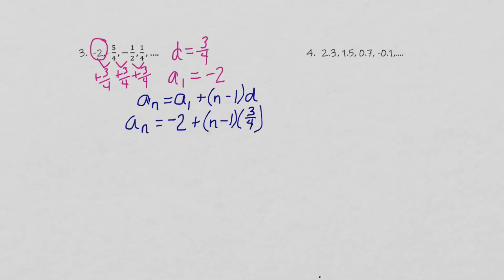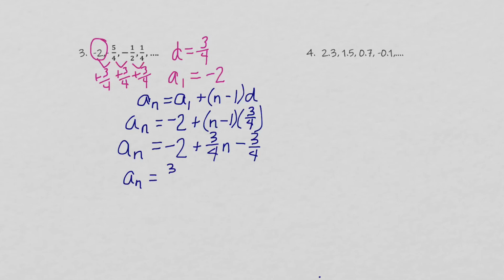And then I would distribute that. So a sub n would equal negative 2 plus 3/4 n minus 3/4. And if I write my term out, it'd be 3/4 n minus 2 3/4.